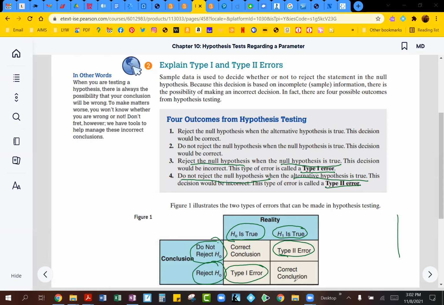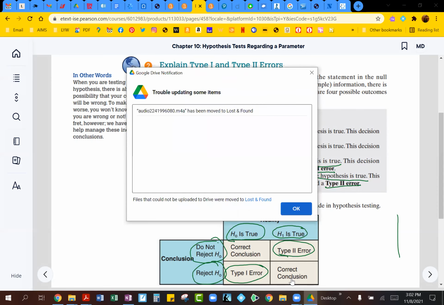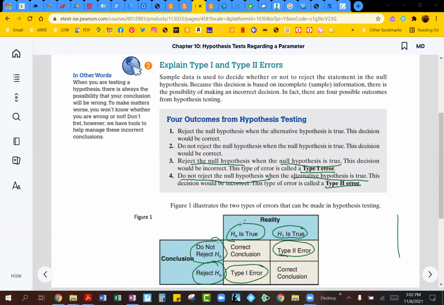In the other cases, if your null hypothesis is true and you did not reject it, obviously that's the right decision to make. If your alternative hypothesis was true, which means you should have rejected the null hypothesis, the original statement that we had, and you rejected it, then of course that was also a good decision.